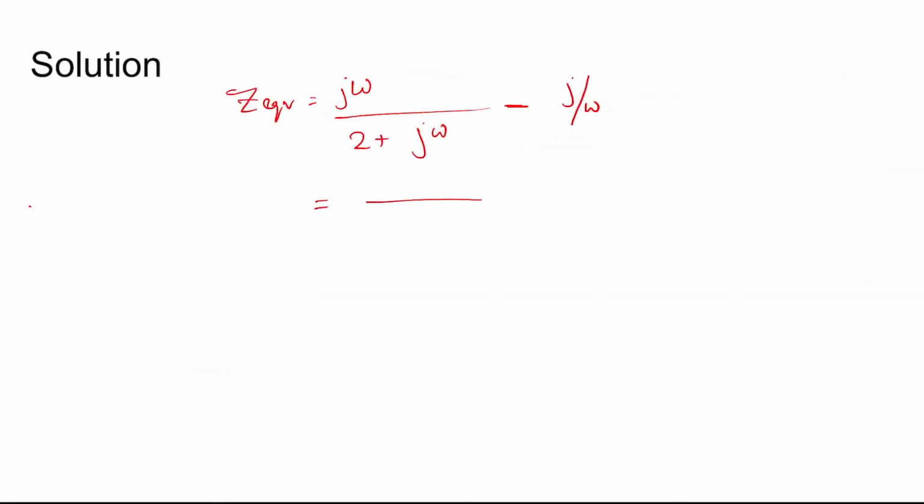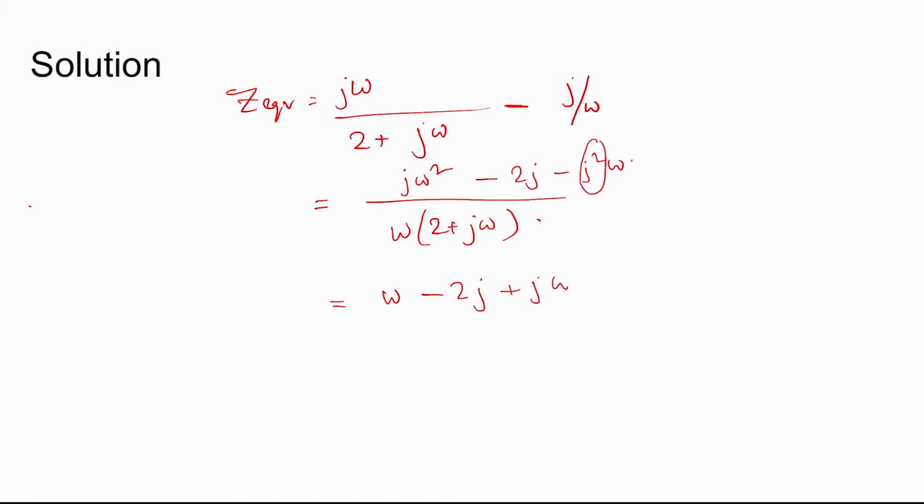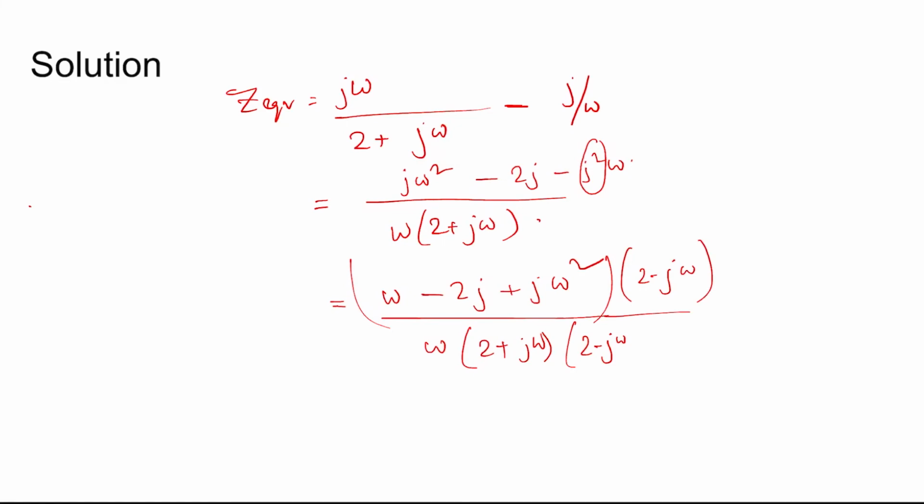Z equivalent is determined by 2 plus j omega into j omega square minus 2j minus j square omega, where j square is minus 1, so this is plus omega minus 2j plus j omega square, divided by omega into 2 plus j omega, and then multiplying by 2 minus j omega.